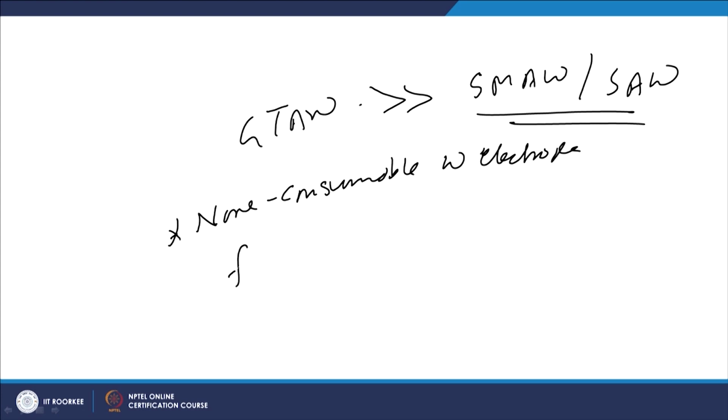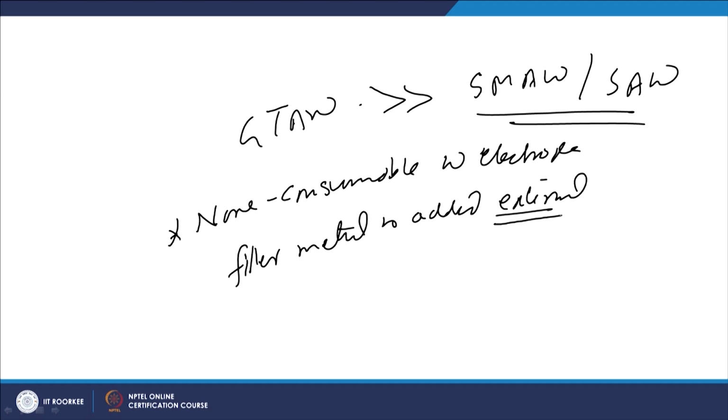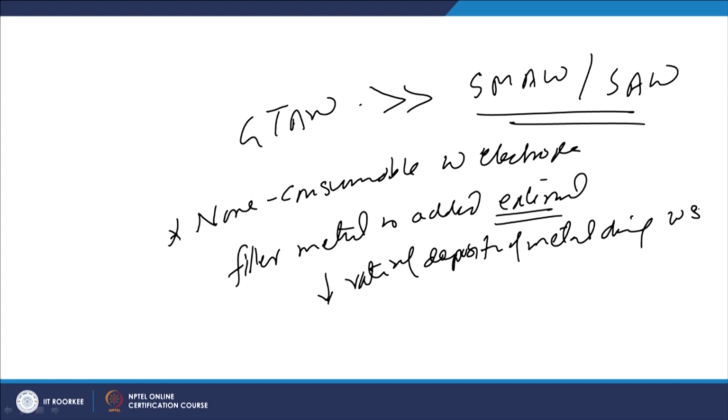So, the filler metal is added externally, means it is to be added from outside. So, one separate mechanism is needed to feed the electrode in the arc zone, and this reduces the rate of deposition of the metal during the weld surfacing.